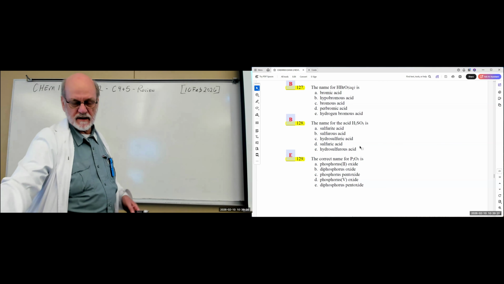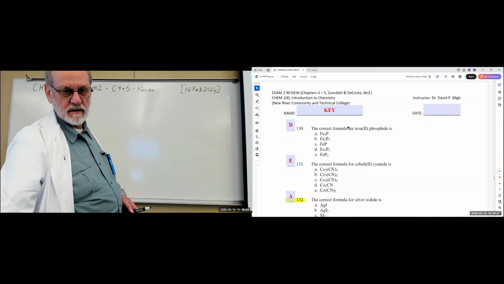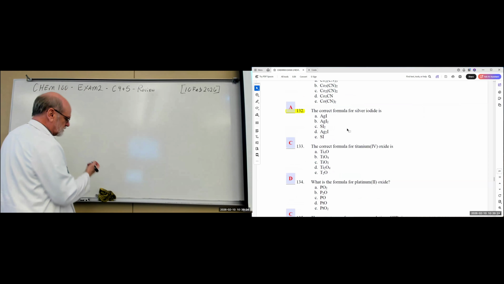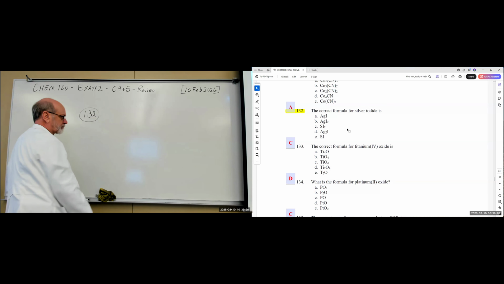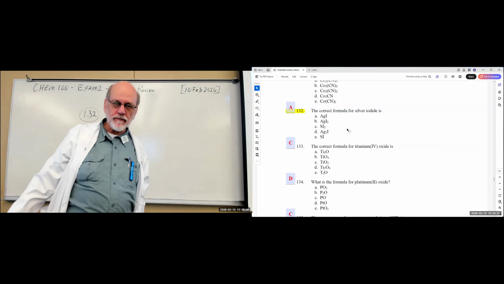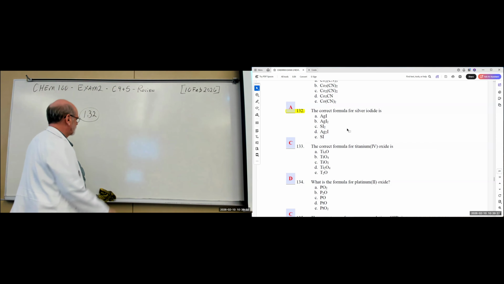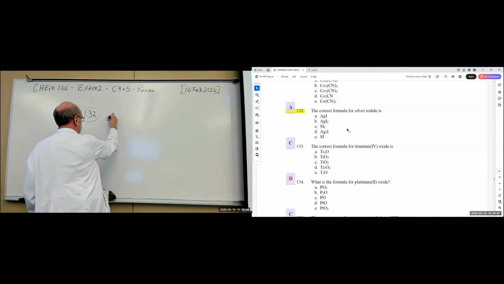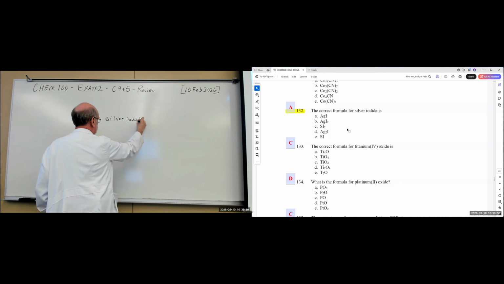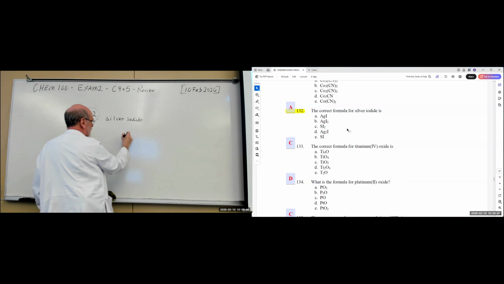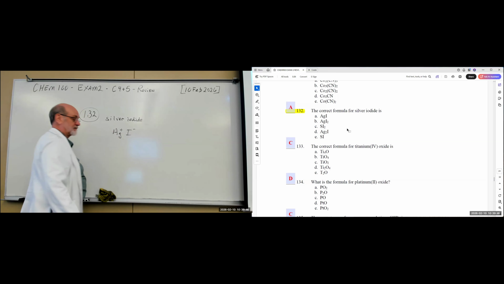All right. Who's next? 132. The correct formula for silver iodide. So that means we have the iodine ion and we have the silver ion.